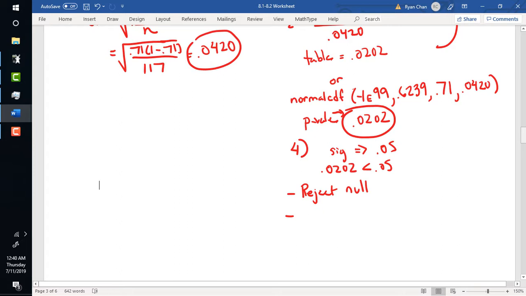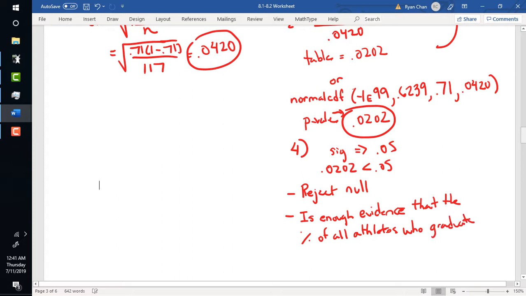So because we reject null, we say there is enough evidence that the percentage of all athletes who graduated is less than 71%. That would be my final answer right here.